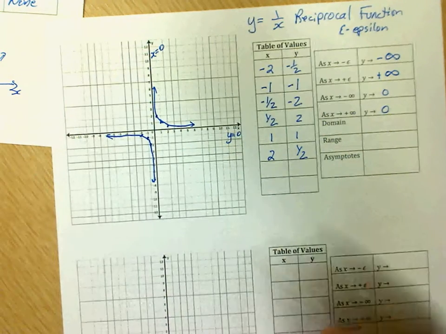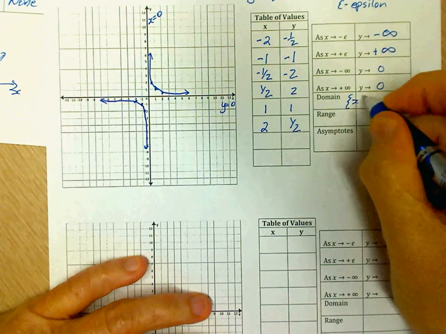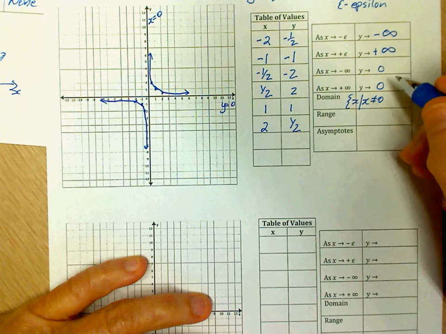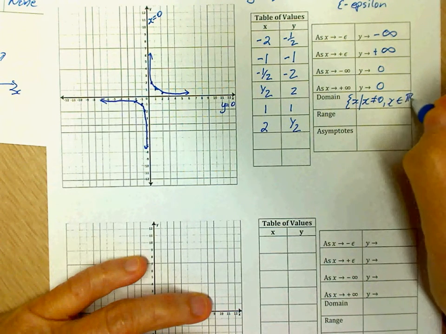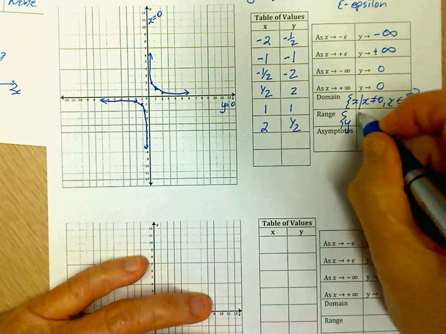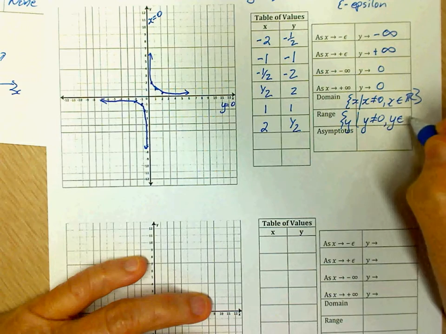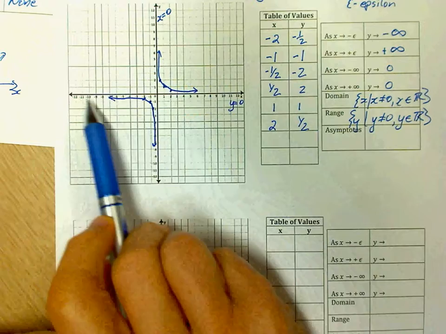So what we can do now is just state our domain: x, such that x cannot be 0 because we can't divide by 0. x is an element of real numbers. And y, such that y cannot be 0. y is an element of real numbers. So again here, it will never equal 0.